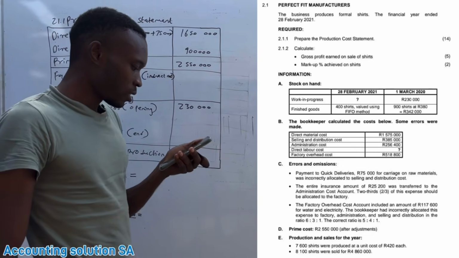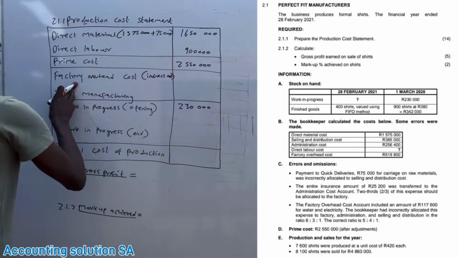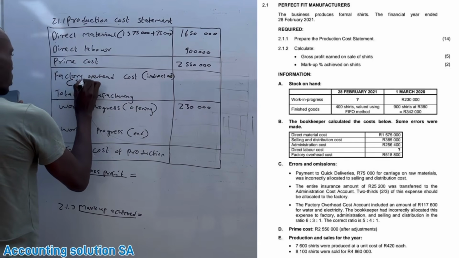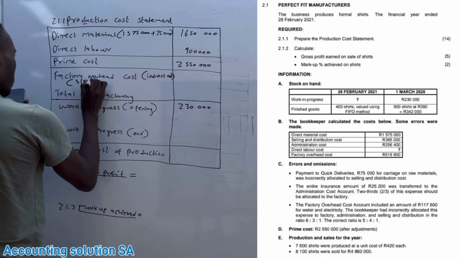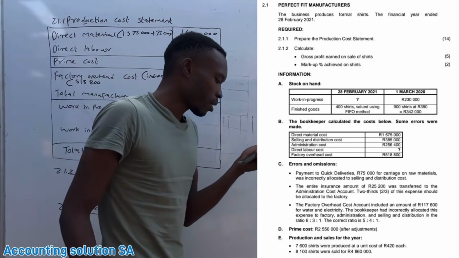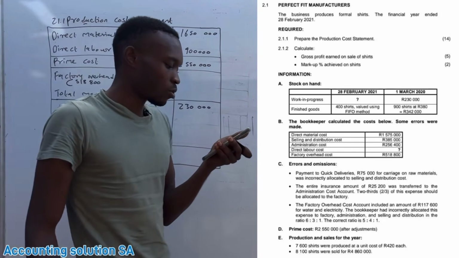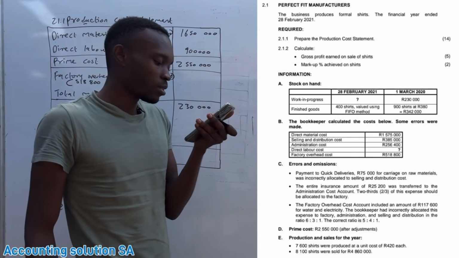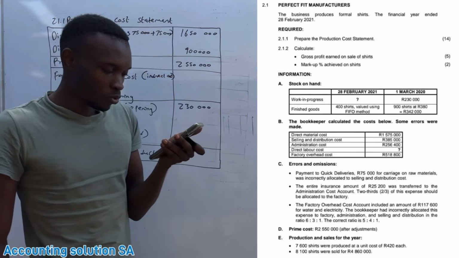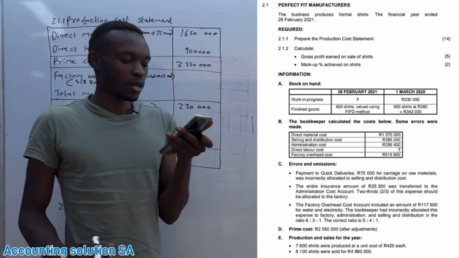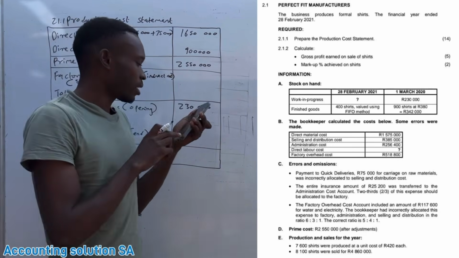The factory overhead amount that we've been given initially is 518,800. Then after that, we need to check transaction number 2 under number C, error and omission. The entire insurance amount of 25,000 was transferred to administrative costs, and we were supposed to allocate 2/3 of this expense to the factory. 2/3 of 25,000 is what we're supposed to allocate to factory overheads. What do we do now?